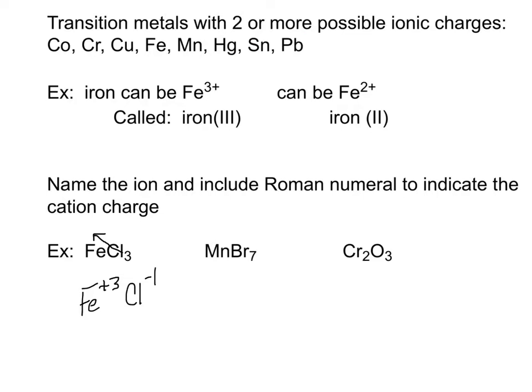So that's iron 3 chloride if you were to write this out. The next one is MnBr7. We apply the same logic. This time we have 7 bromides. They're all -1s, and that makes it manganese 7 bromide.